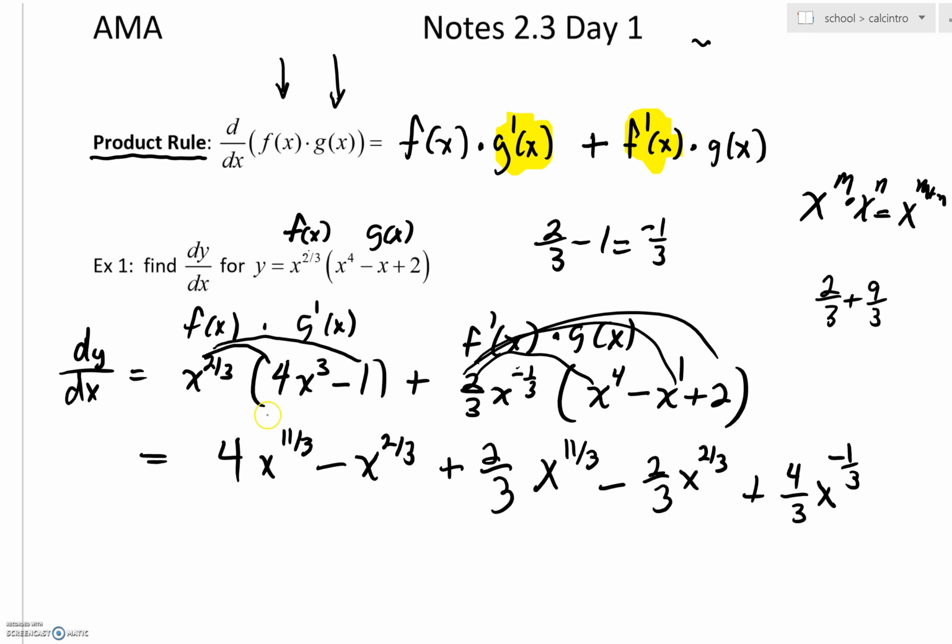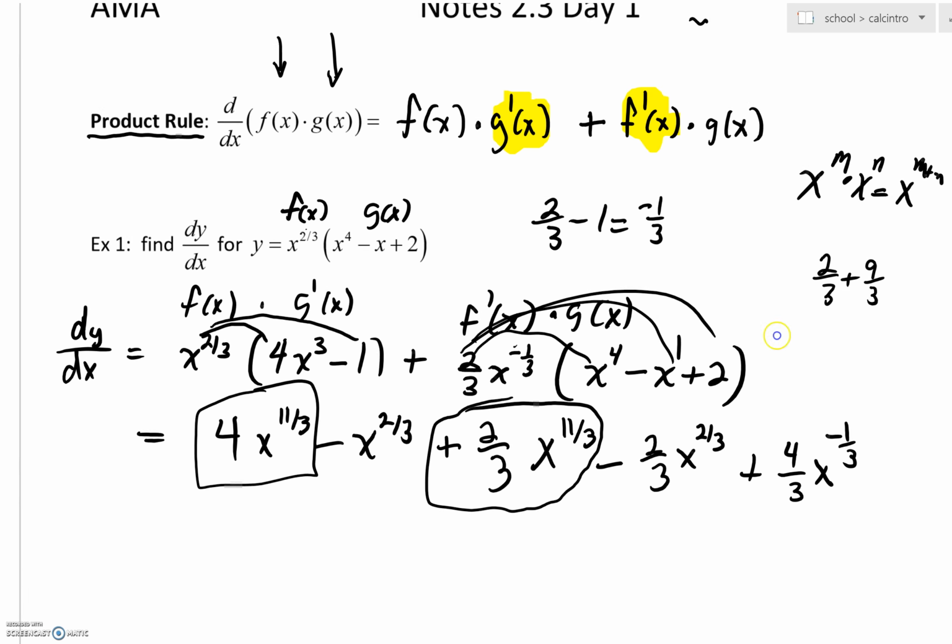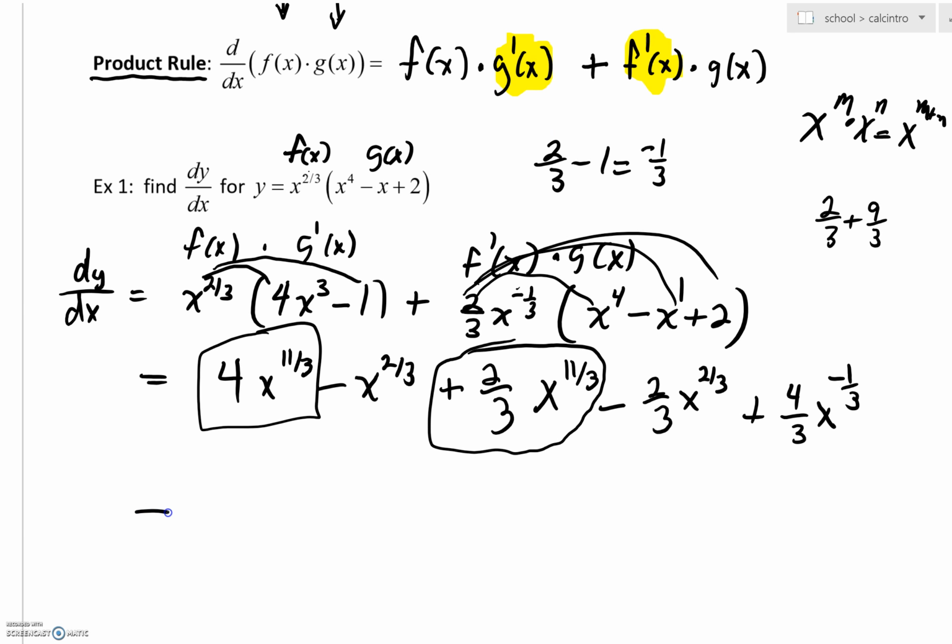So let's put our like terms together. For our x to the 11/3, we have 4 and 2/3. Again, 4 is 12/3. 12/3 plus 2/3 is going to be 14/3. Then we can group our x to the 2/3 powers together.